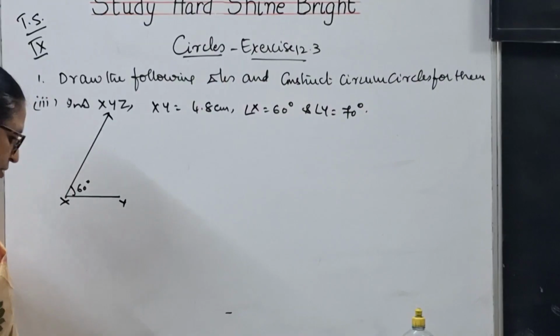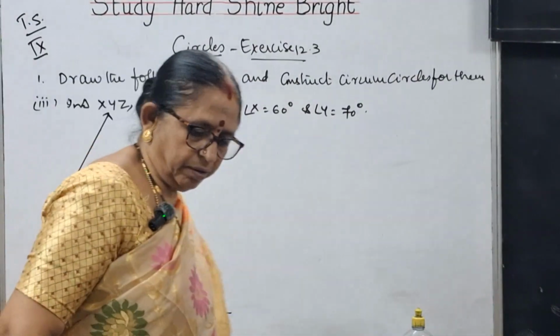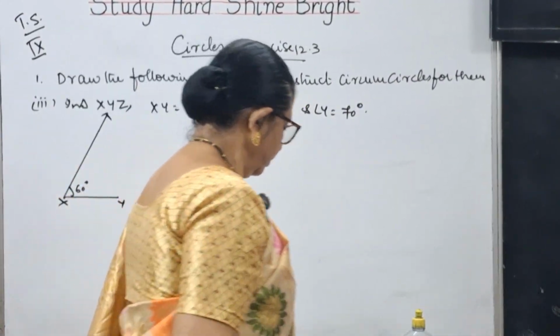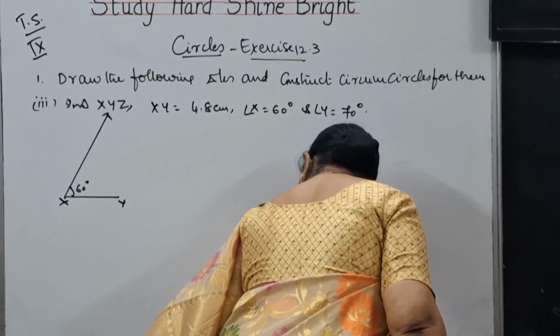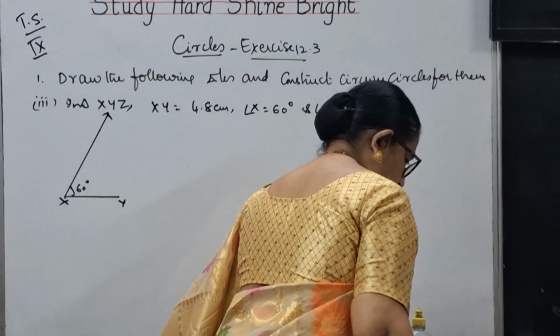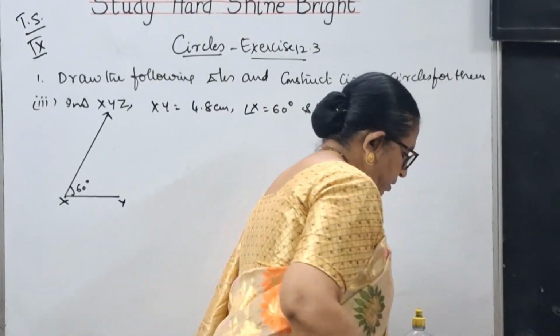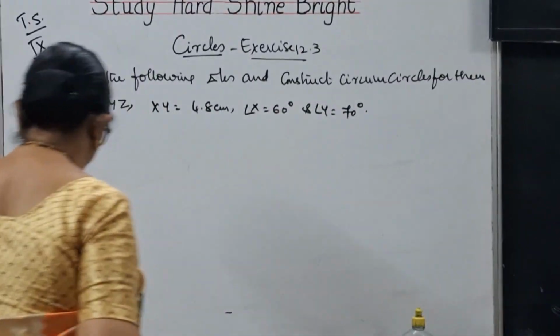Angle X 60 degrees. Now, angle Y 70 degrees.